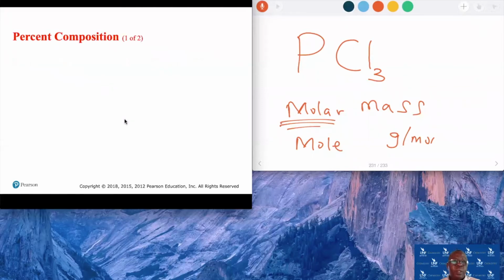Having gone through the determination of the molar mass of a compound, it is tied to percent composition. Percent composition is simply the mass of the component.